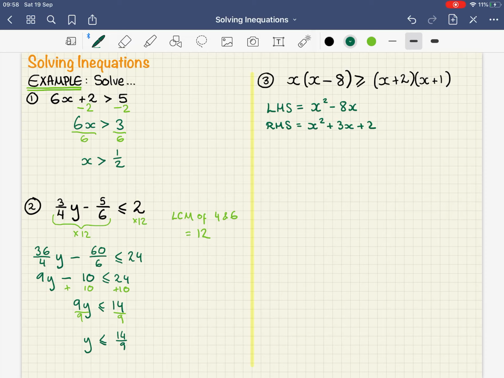And I want to put them back into that inequation. And remember, it's my left-hand side is less than or equal to my right-hand side. So x squared minus 8x is less than or equal to x squared plus 3x plus 2.